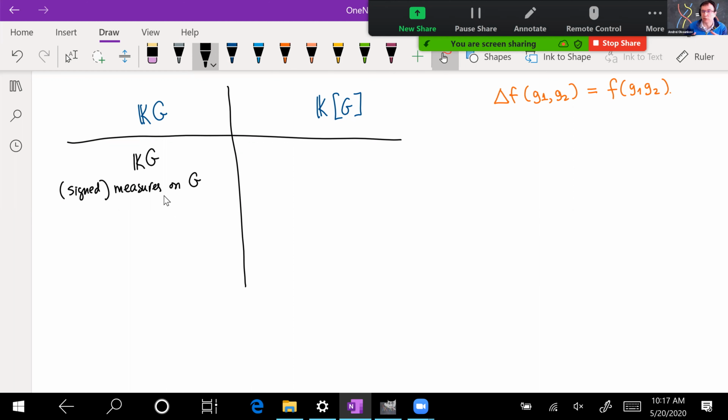What do you mean to multiply two signed measures? It means you put it on two copies of the group and you push it forward under the multiplication map. So that's just generalized multiplication here.